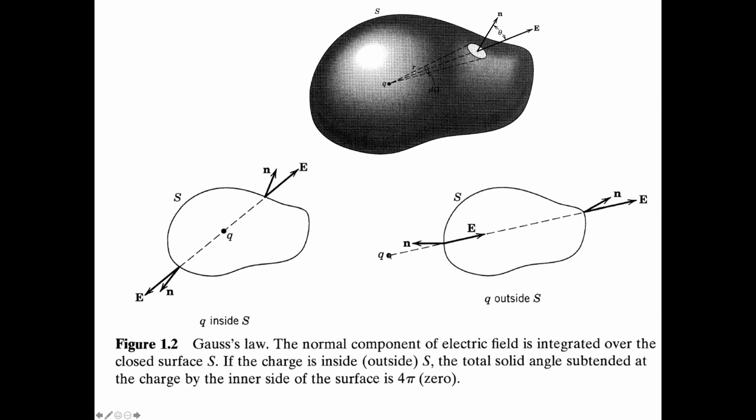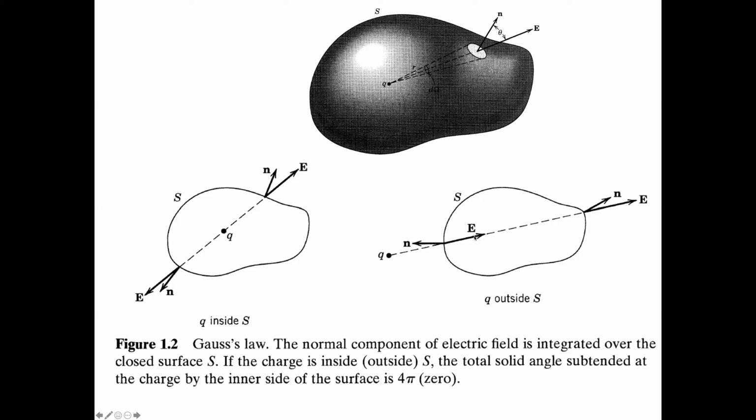Otherwise, if your Q is outside this surface, then when you do a surface integral, in this case, let's say N and E are in similar directions, then the dot product of E and N should result in a positive number. Once E and N are at an angle greater than 90 degrees, it will result in a negative value.